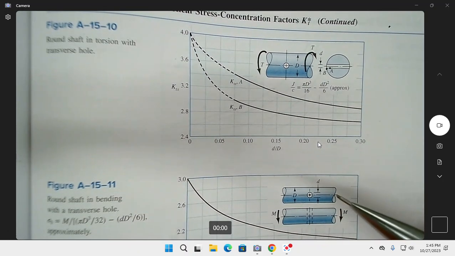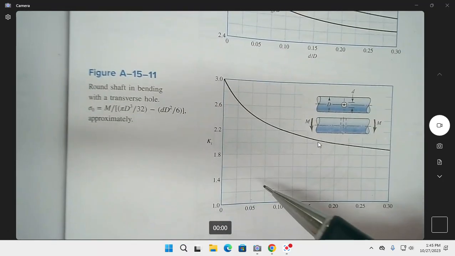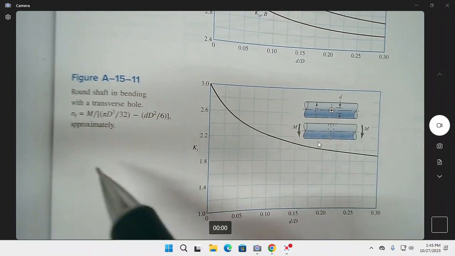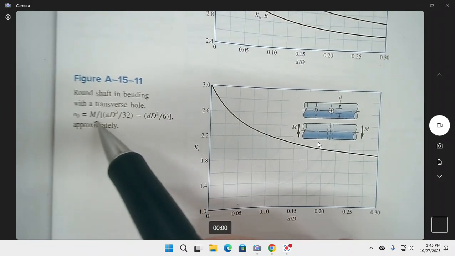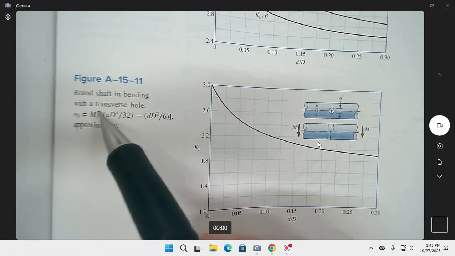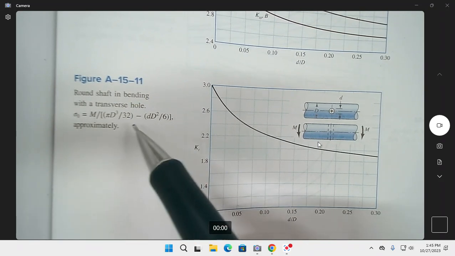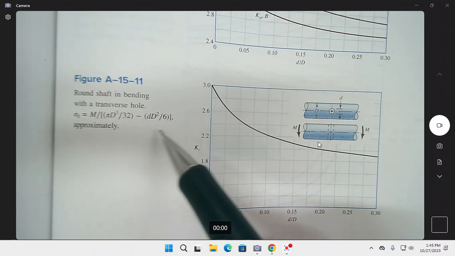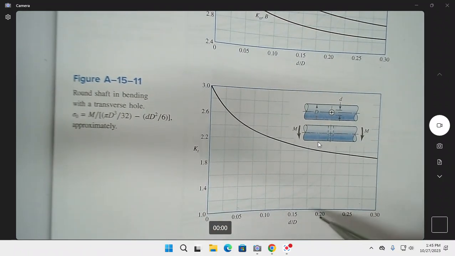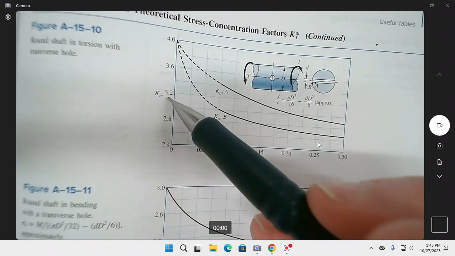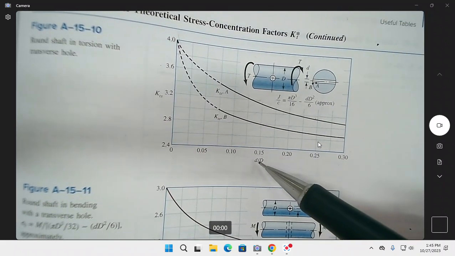Similar thing going on here in the moment for having drilled a hole. We have the moment divided by this whole thing, which is presumably the same thing as I over C right there. So first things first, maybe we'll go ahead and get what our KT and our KTS are going to be based on this d over D ratio.